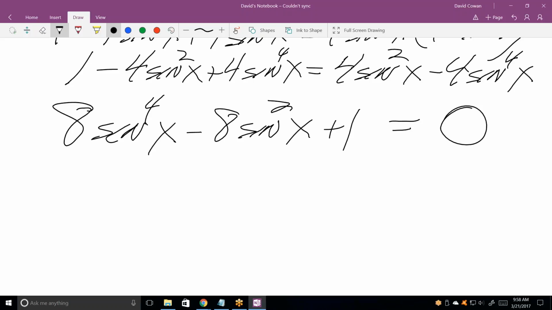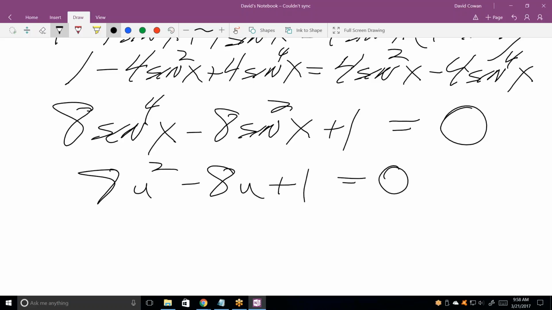Now, is this a problem where you would substitute u for sine squared? Yes. In other words, this is another quadratic, and it's also a quadratic that's not going to factor. So you're going to have to use the quadratic formula. But yeah, turn it into 8u squared minus 8u plus 1 equals 0.